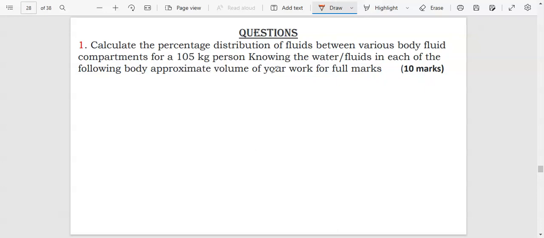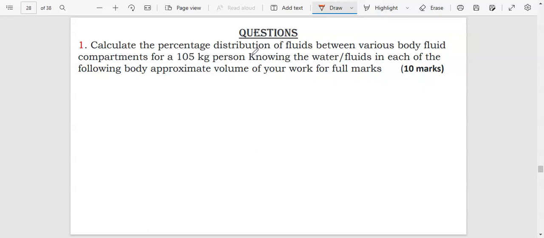Wow, this question is confused. So basically, you want to calculate the percentage distribution of body fluids between various body fluid compartments for a 105 kg person.